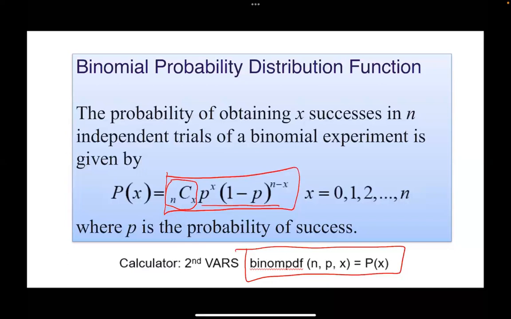So second, VARS, binomPDF. This is what we use when we're looking for an exact number of successes. binomPDF is used when we have an exact number of successes. As we said before, the n is your number of trials, this is your probability, and this is the number of successes.